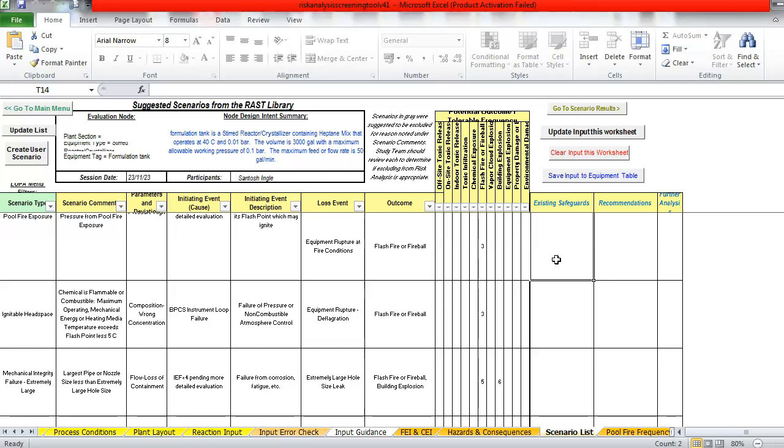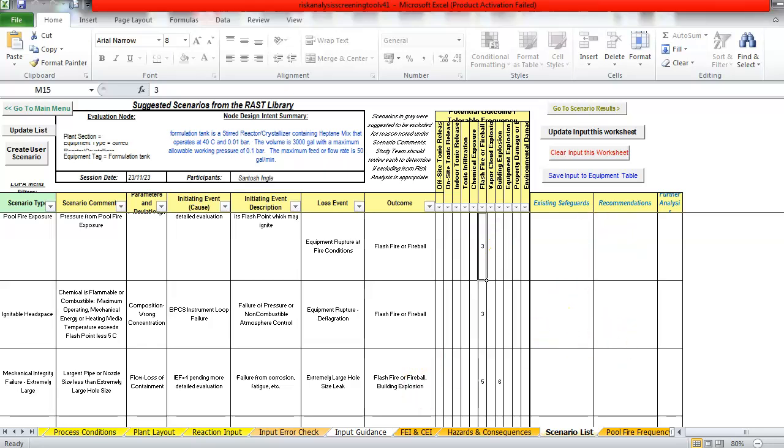But if the safety inspector or safety auditor thinks that this much safeguard is not sufficient for this condition, he will suggest more recommendations, like you can add a siren, or give some more safeguards for this particular accident.